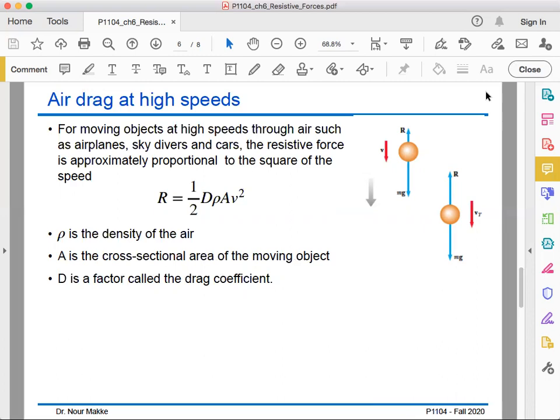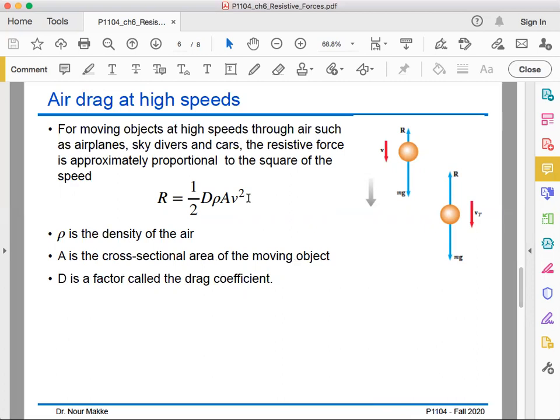And in this case, we express the resistive force in terms of some variables multiplied by v squared. In this example, R is equal to 1 over 2 D times rho times A multiplied by v squared, where rho is a property of the medium.